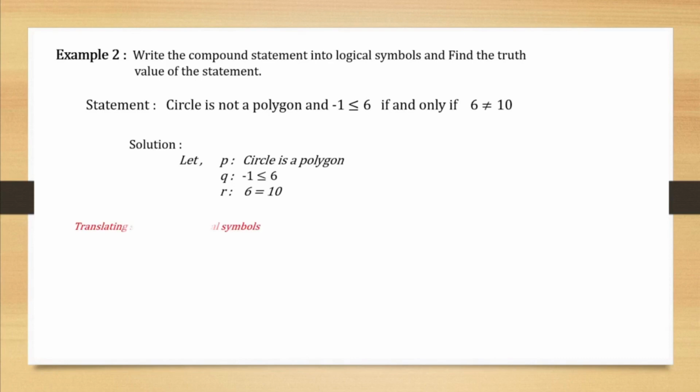So let us now translate the statement. Circle is not a polygon will be replaced by negation P, and the word and will be replaced by the symbol caret.